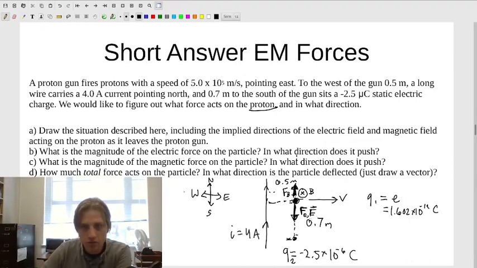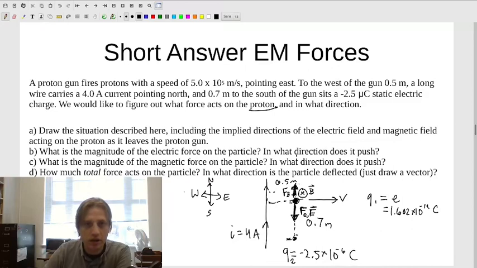So the electric force is pointing south, the magnetic force is pointing north, the magnetic field is pointing up, and the electric field is pointing down, pointing south along with the electric force.